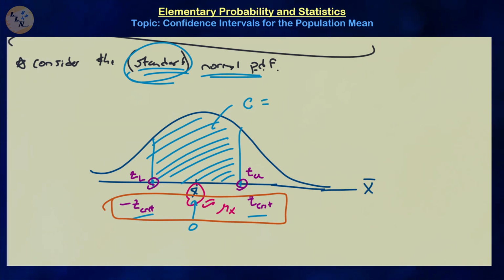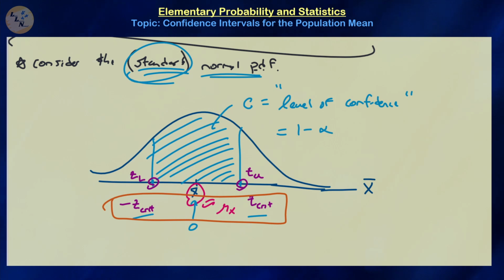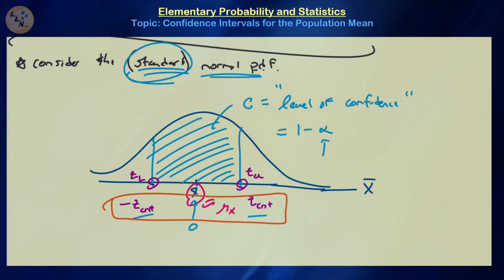That's going to correspond to our level of confidence, which, recall, is the complement of our level of statistical significance, or what some people call alpha, the type 1 error. So how do we represent this area C with respect to probability statements?